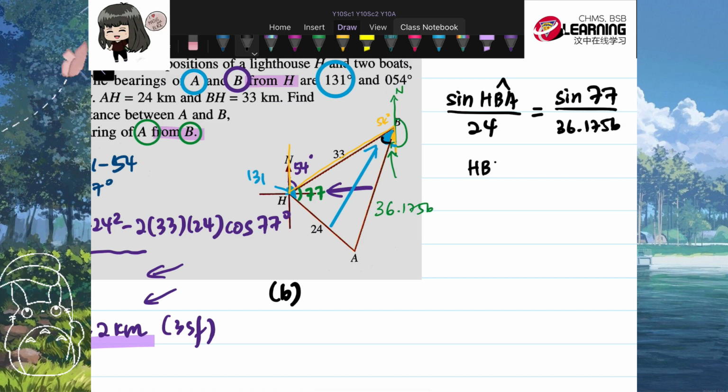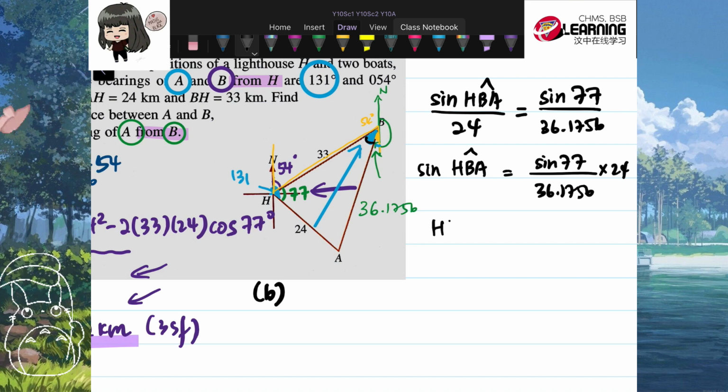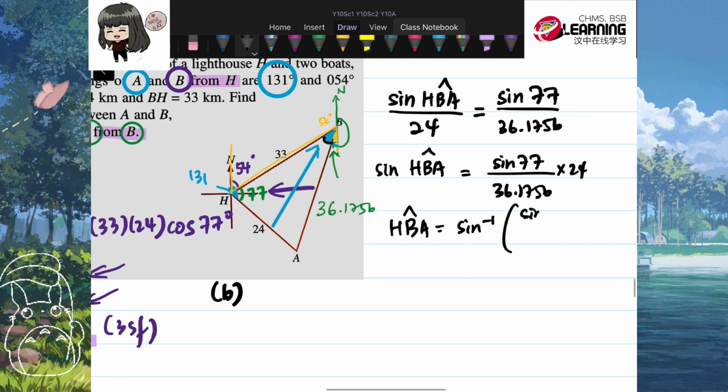You have to find this angle HBA, so you shift and take inverse sine of the whole thing. This one does not need 3 significant figures because it is not your final answer.